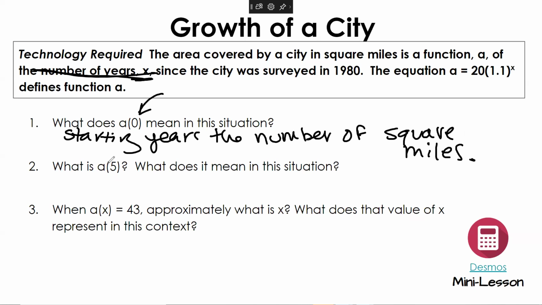Okay. What is A of 5? So what you would do in this situation is you would plug in 5 in for X. So 20 times 1.1 raised to the 5th power. Somebody type that into their calculator. Twenty times 1.1 raised to the 5th.